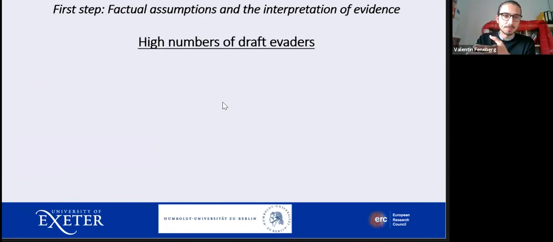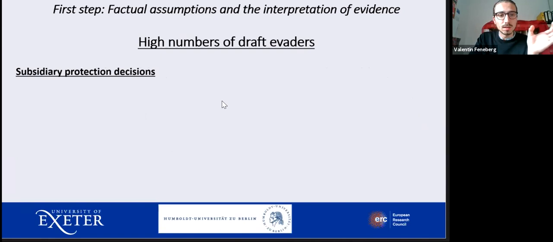Our second example is the also overall accepted fact that there were pretty high numbers of draft evaders leaving the country. But on the one hand, subsidiary protection decisions consider this high number as evidence that it cannot be a political motivation for each of these persons fleeing, because these persons mainly flee due to the fear of war.